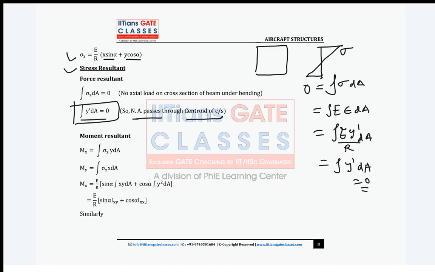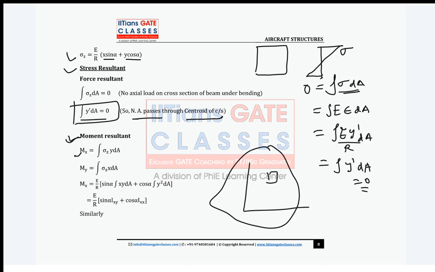Now guys, moment resultant. What is the moment resultant? If you multiply the sigma dA, right, there are two moments, Mx and My. If you multiply this elemental force by the moment arm, there are moment arms about the x axis as well as the y axis, right? Anyway, let me draw an unsymmetrical section, not symmetric. Okay, and this is your centroid. So this is x, this is y.